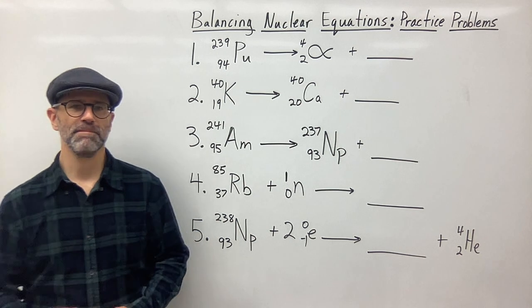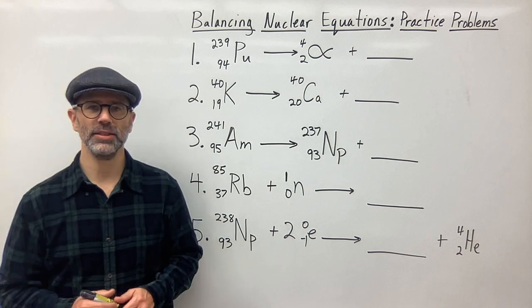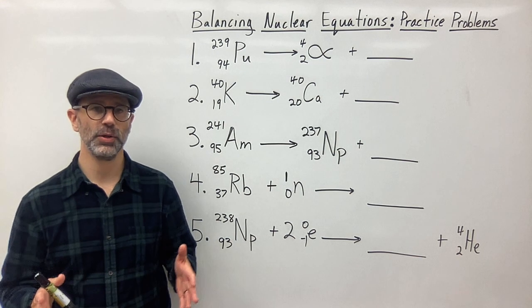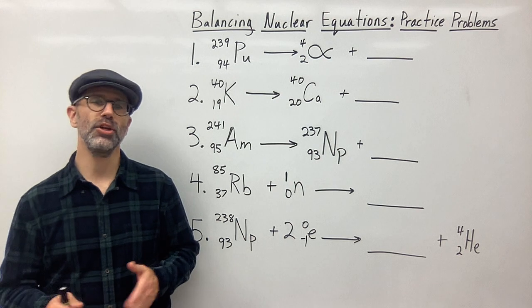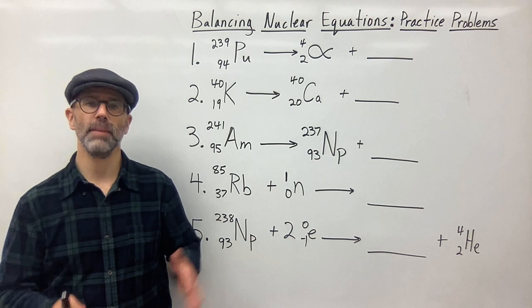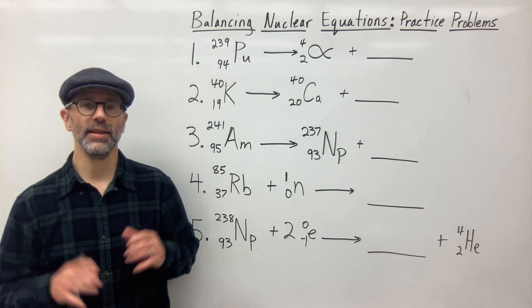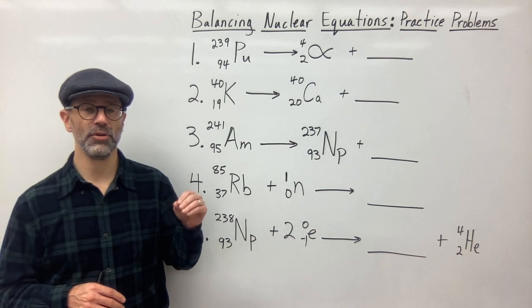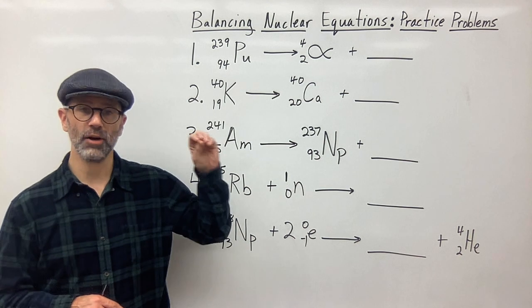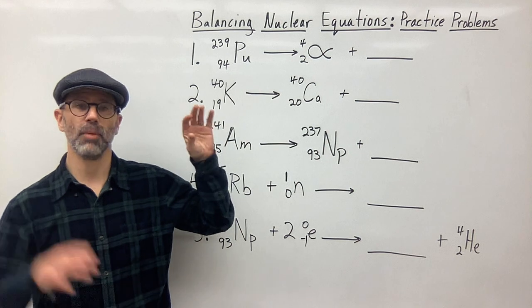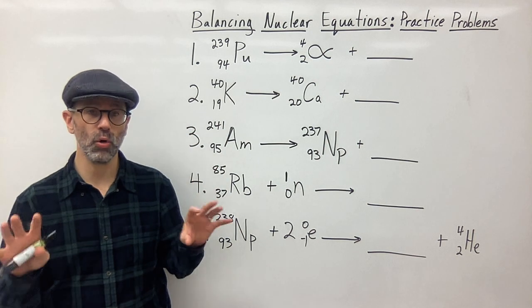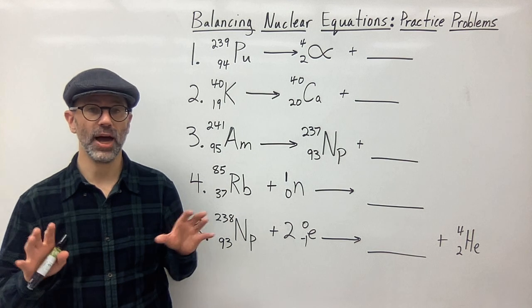So let's begin. When it comes to balancing nuclear equations, they're pretty much just like balancing regular equations. What you need to do is make sure that both sides are equal. In this case, you're making sure that the total of the mass numbers on top is equal on both sides, and the total of the bottom atomic numbers is equal on both sides.